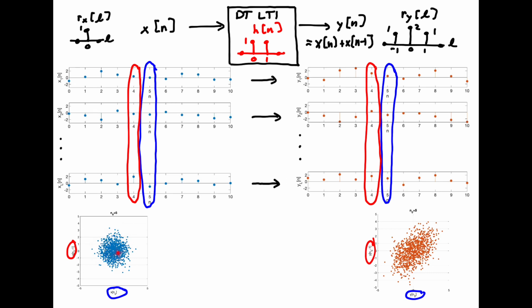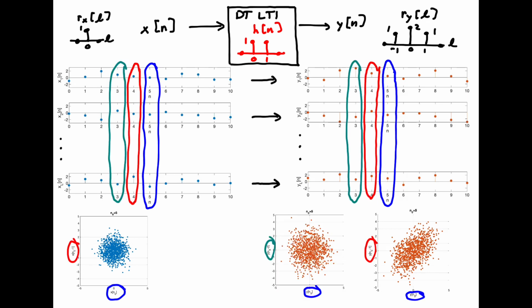So we put in data that was uncorrelated along the time axis here, n, and we get out correlated data due to the fact that we're running it through a convolution. Running it through this convolution means each output point depends on the current value of the input and the previous value of the input. So these two have to be correlated.